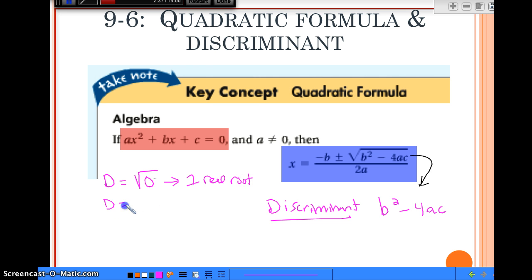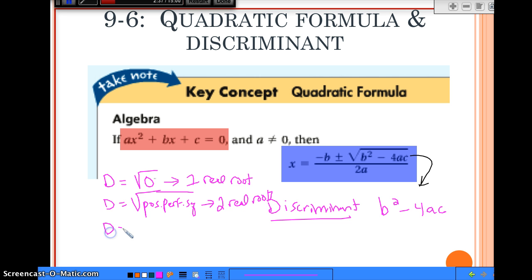If the discriminant comes out to a positive perfect square, say for the square root of 25, then you're going to come out to 2 real roots.